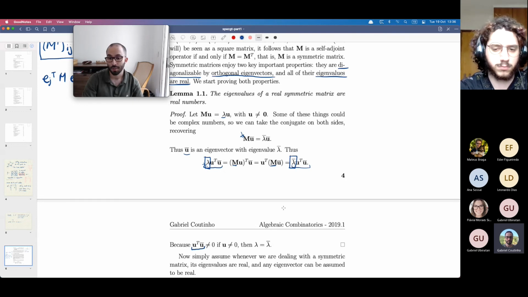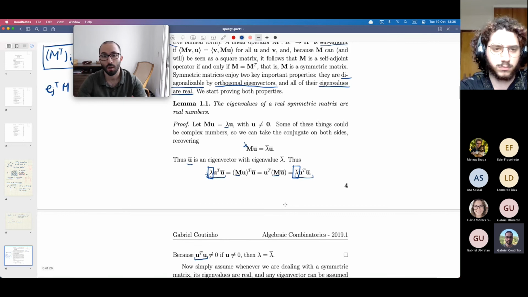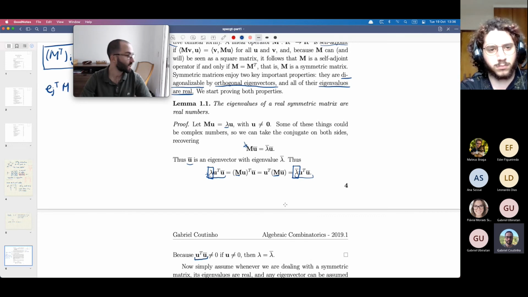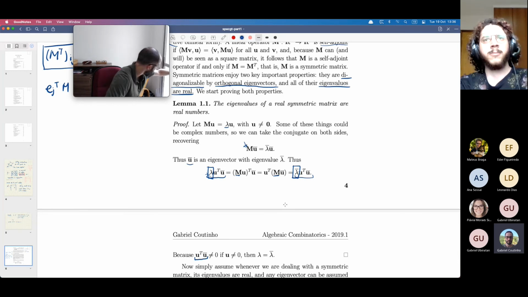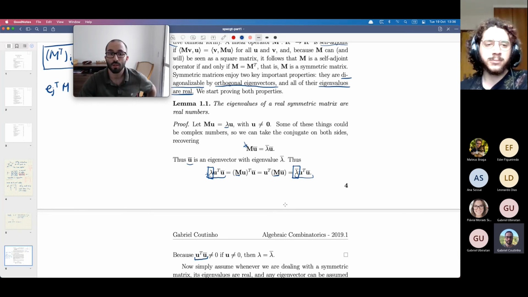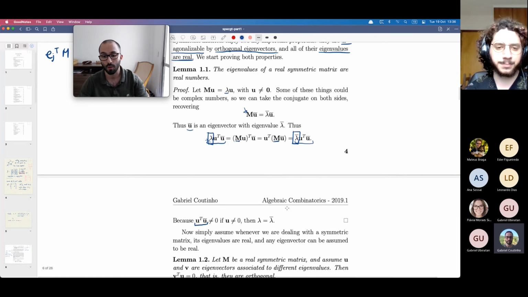Okay, so this concludes that if M has eigenvalues, no matter which eigenvalues they are, they must be real numbers.